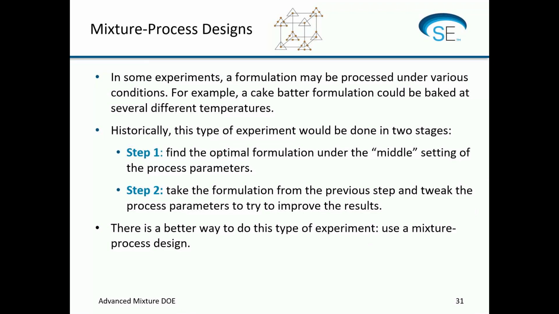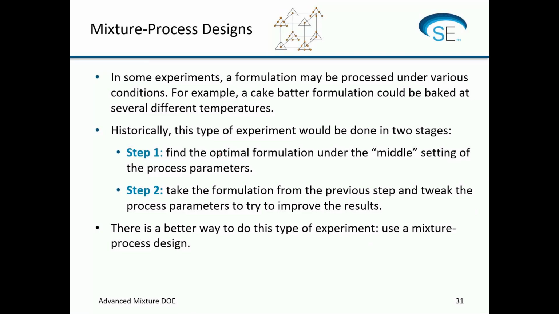They would try to figure out, okay, where is my optimal formulation going to be? What are the components? What are the amounts? And then the formulation would be sent to the engineers, the chemical engineers, and they would try to figure out, how do we ideally process it? How can we scale it up? And so on. So basically, it was two separate experiments that were done.